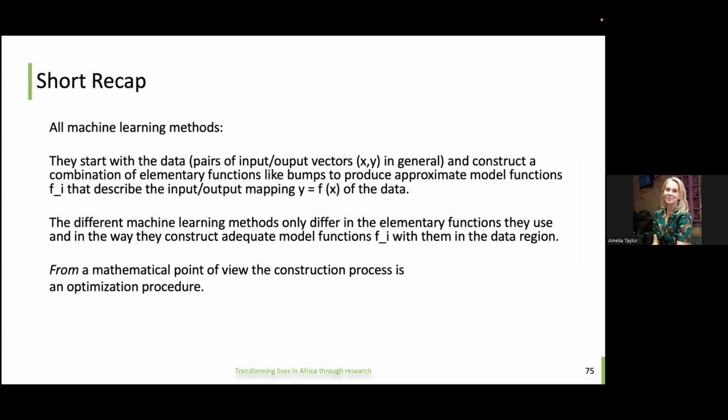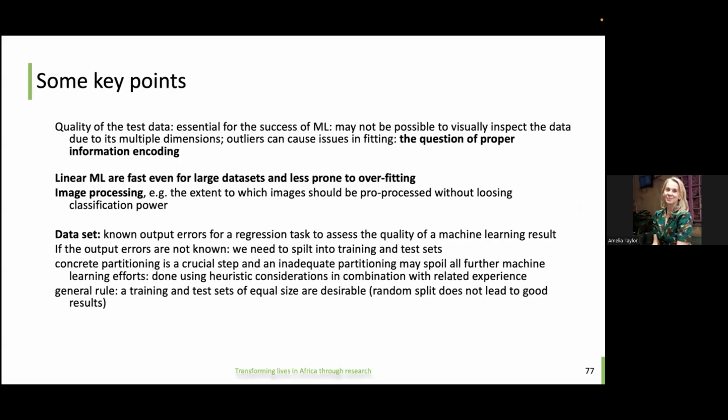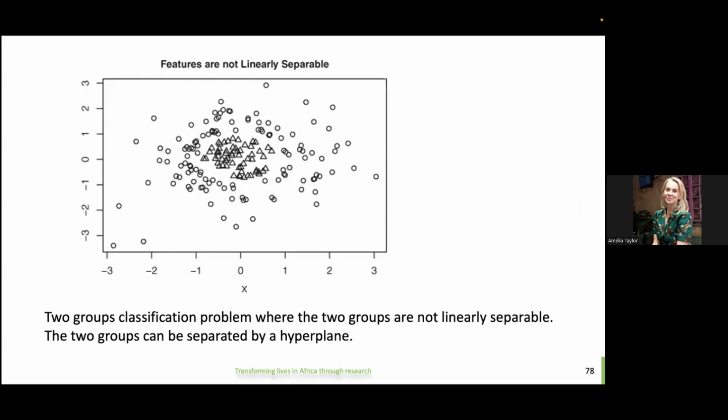And I'm not going to go through this again, but what we said is that sometimes the data that we are looking at is not linearly separable. So we won't be able to apply, for example, linear regression techniques on our data because of the kind of data that we have.